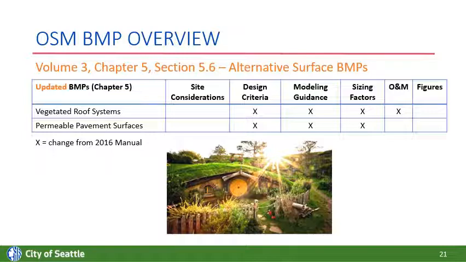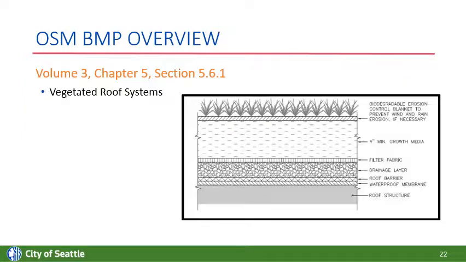Okay, so for vegetated roof systems and permeable pavement surfaces, we'll go over some of the changes that have occurred there. For vegetated roof systems, the sizing factors have been updated. Table 5.34 has been clarified: it is above-grade impervious surfaces at least 10 feet above grade.